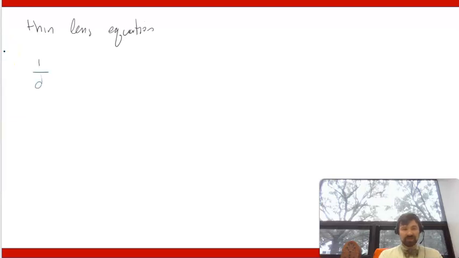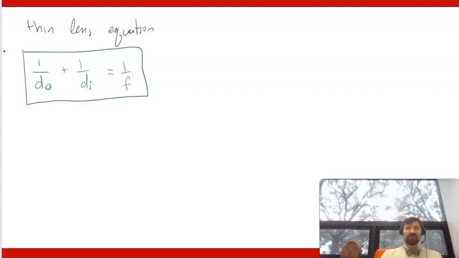It basically just says 1 over DO plus 1 over DI is equal to 1 over F. And again, I'm not going to derive this equation for you. You can derive it geometrically if you've made appropriate assumptions about thin lenses and so on. That would take a bit long for a short video. This is the actual equation in action. So now let's do a quick example with it.